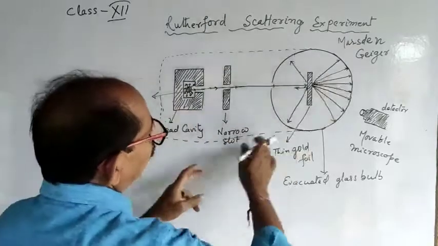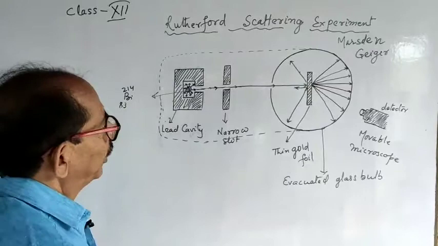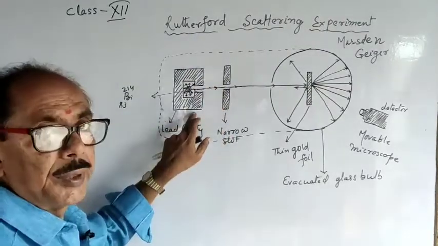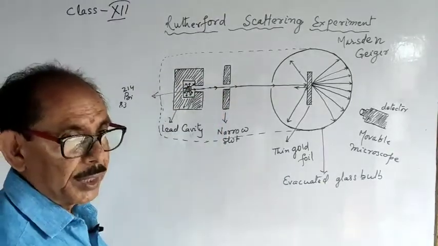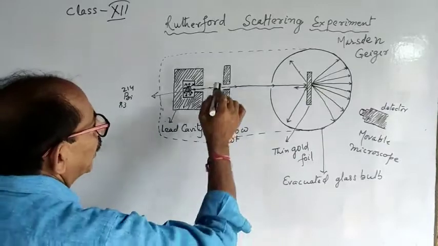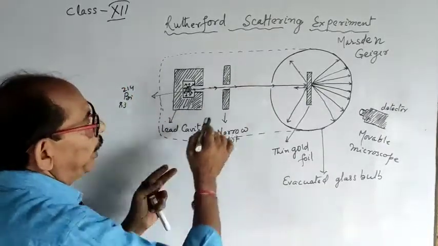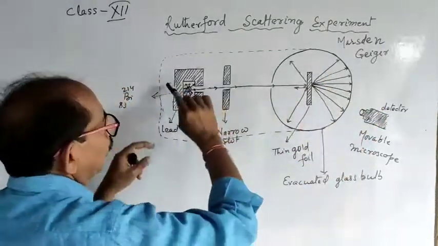The main features of the experiment, the setup, were shown on the board. This is a lead cavity and a narrow slit, and an evacuated glass tube.